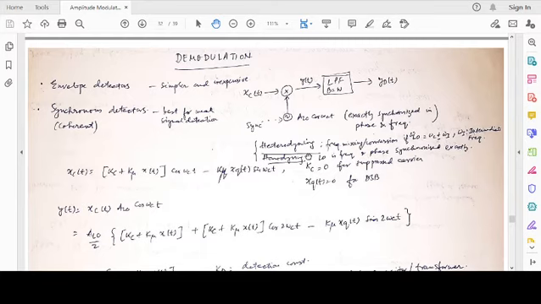So there are two concepts in synchronous detection: heterodyning and homodyning. In heterodyning, the frequency conversion is made such that if the input frequency of the receiver is omega c and the local oscillator frequency is omega LO, then the output would be at an intermediate frequency omega I, which is omega c minus omega LO or omega LO minus omega c.